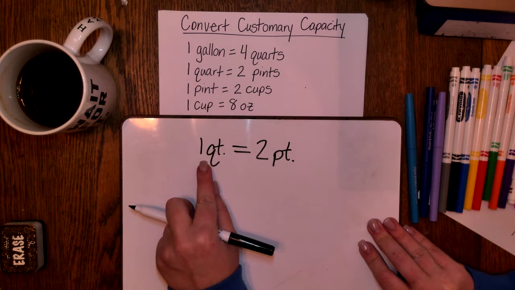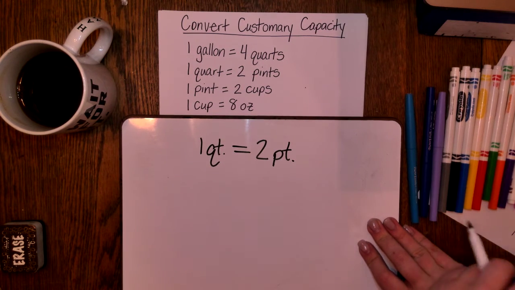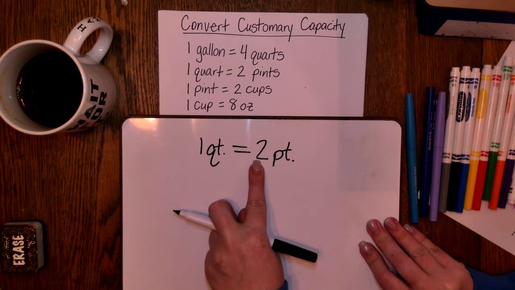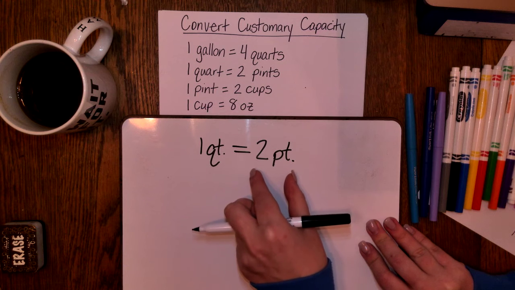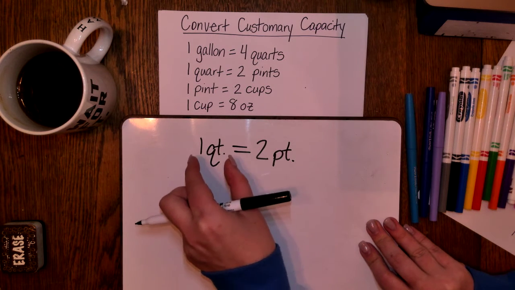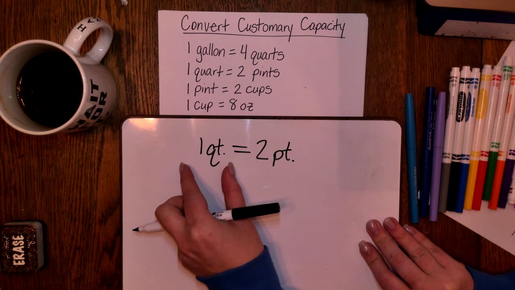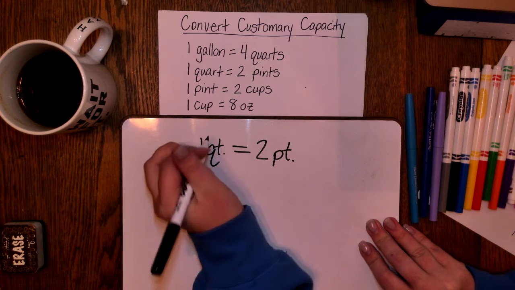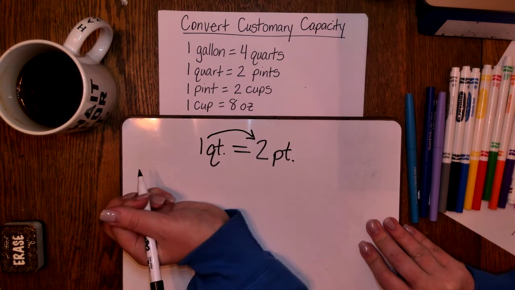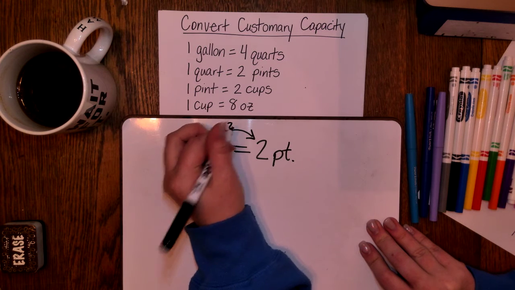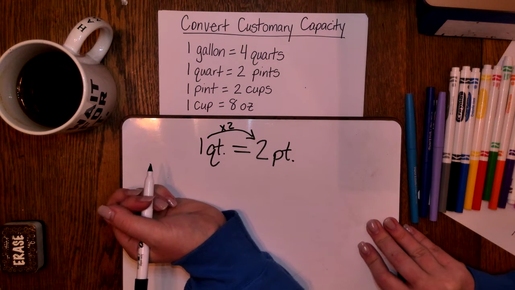I know that 1 quart equals 2 pints. I'm going from 1 to 2. More pints can fit inside of a quart. For every 1 quart, I know that I have 2 pints. So my number is getting bigger. I'm going to multiply by 2.